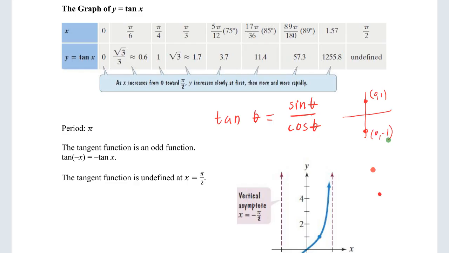Now, if I rotate the terminal side, we have a 90-degree angle, which is pi over 2.